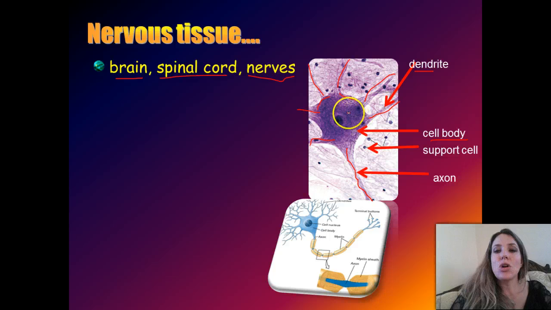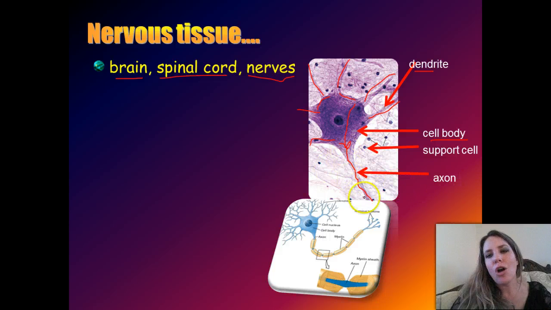So it receives a signal from something else, processes it through the cell body and out to the axon, where certain chemical processes are going to occur, which you'll learn about later when we go over the nervous system. But it'll send that signal down to something, for example, a muscle, and that will give it the signal to contract.